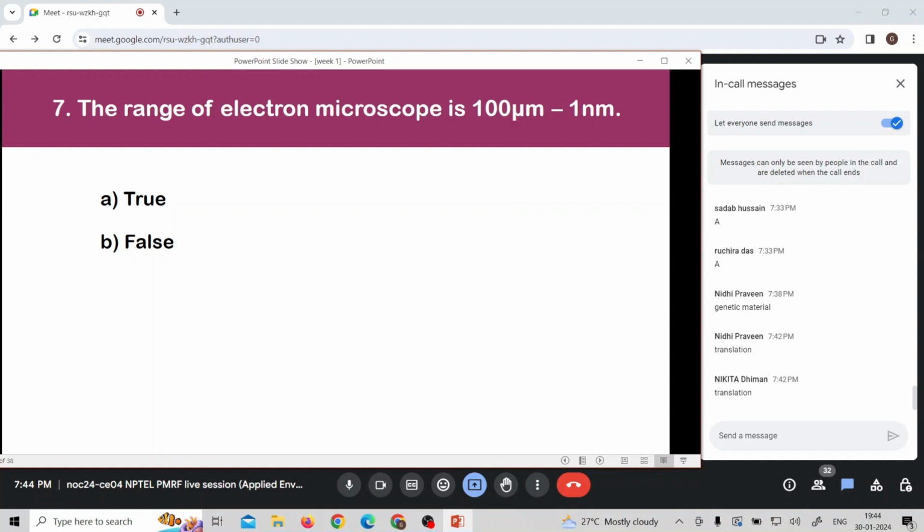Obviously, you would have figured out now this is going to go to microscopy and other things. You can try answering this question.